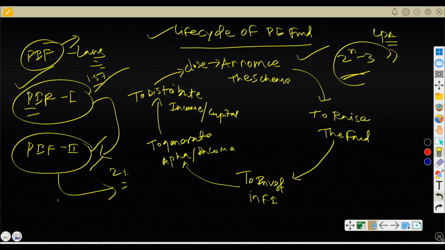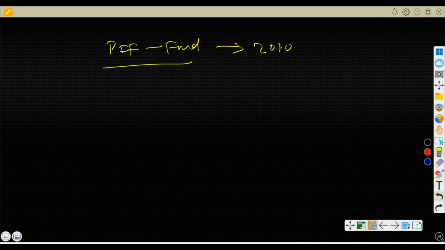What if, let's assume, we signed an agreement in 2010, we have a fund, let's say a PIF fund, and at that time we were okay or convinced with 0.5% management fees.